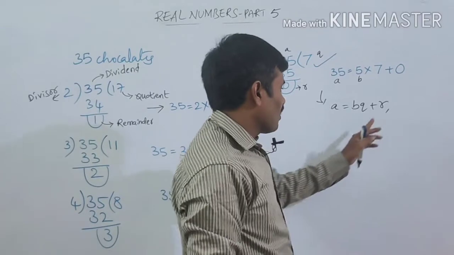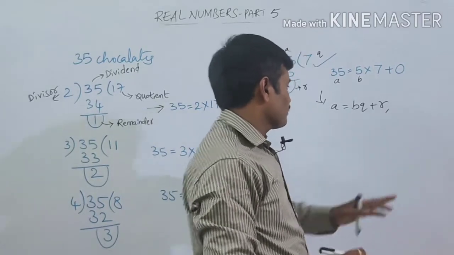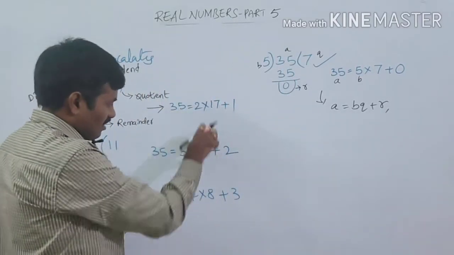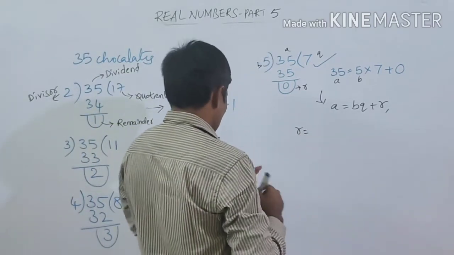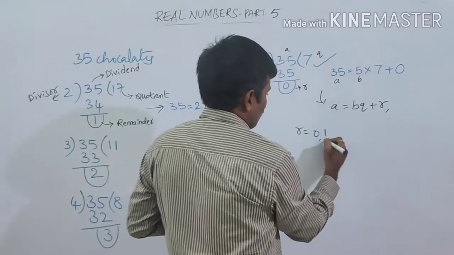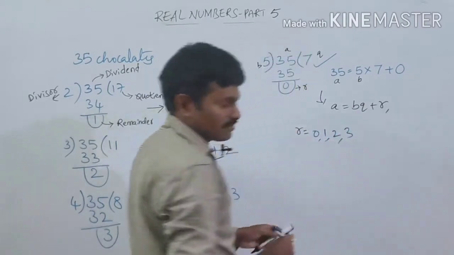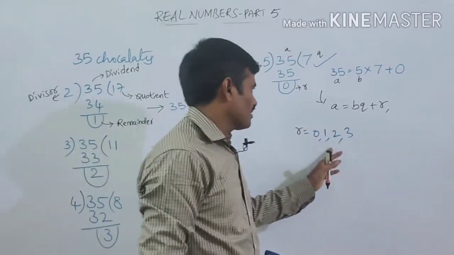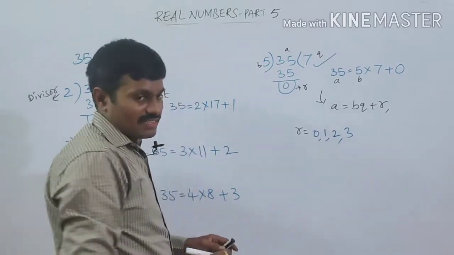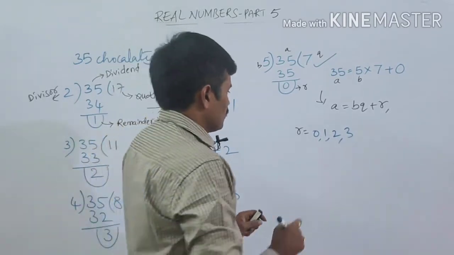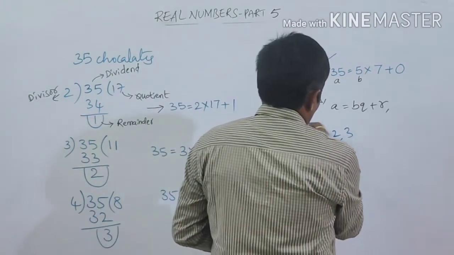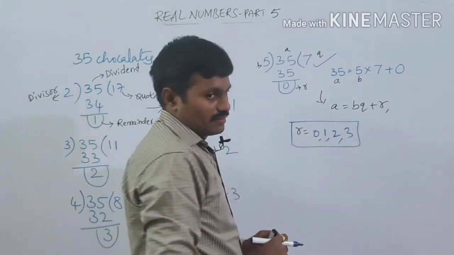What are the values of R in all cases? The values of R are 0, 1, 2, 3. 4 remainders I got. So here R is a whole number.